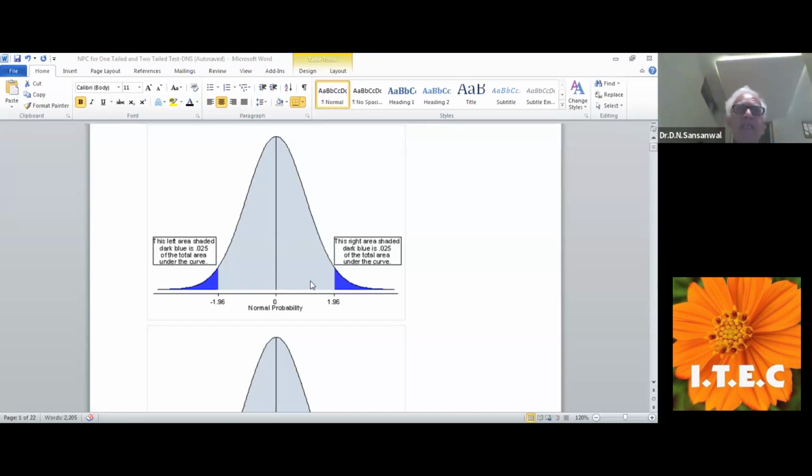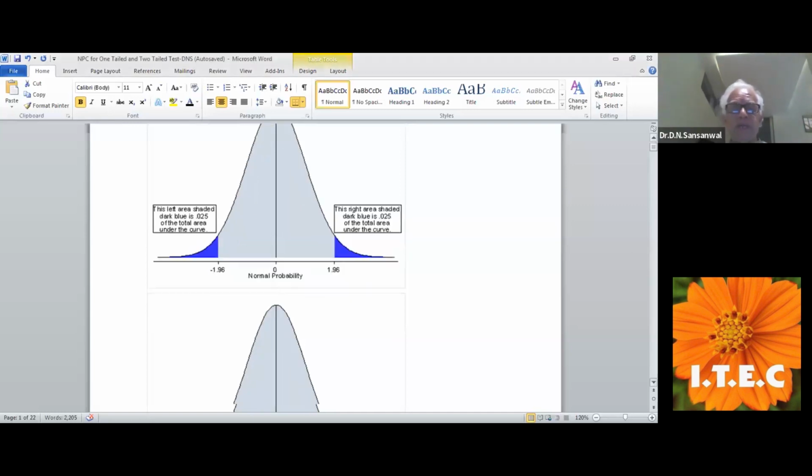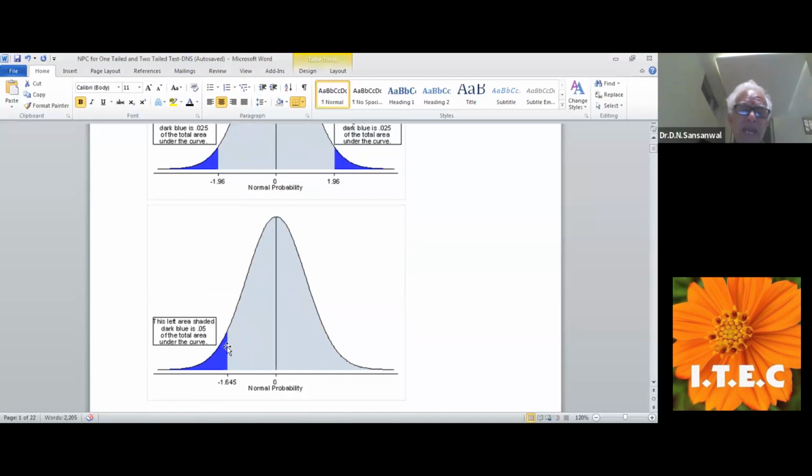So the bad is equally divided on both sides. But if you cut it in such a way that the complete bad part goes to one person and all the good goes to the other person, this will be one tail. You can see it here. The error is on one side, either on the left-hand side or on the right-hand side.